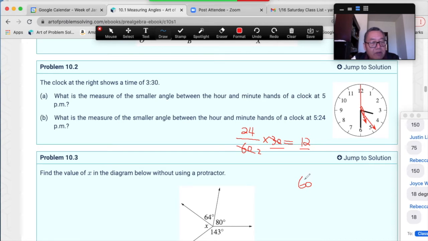So for each minute, the minute hand will move 6 degrees, right? 360 divided by 60. Now, the minute hand points to 24 minutes. So that's 1 minute away from the 5 o'clock sign, okay? So that means this angle will be 6 degrees.